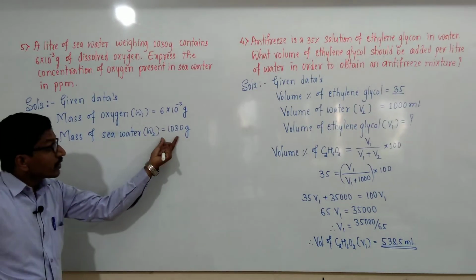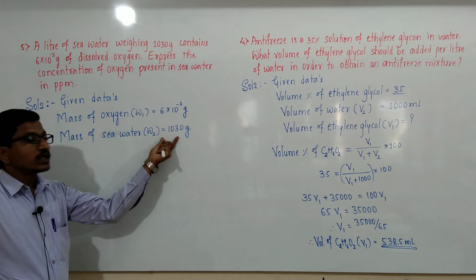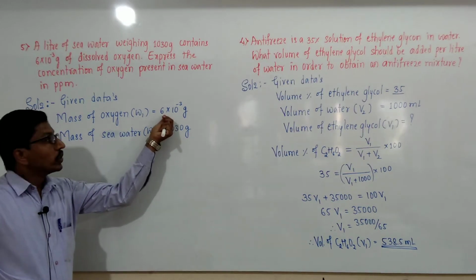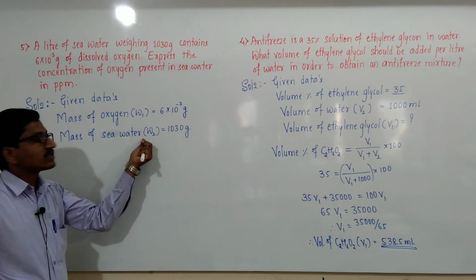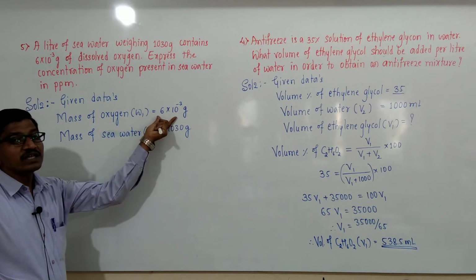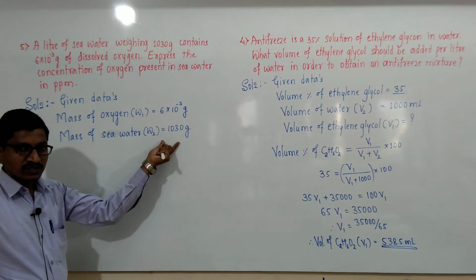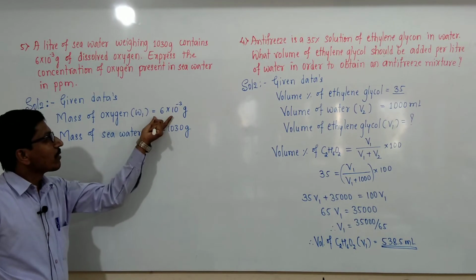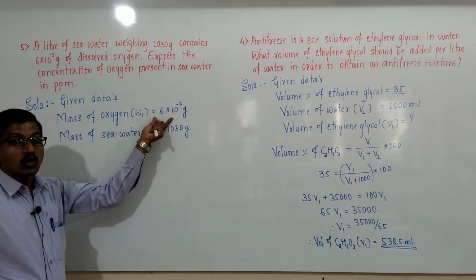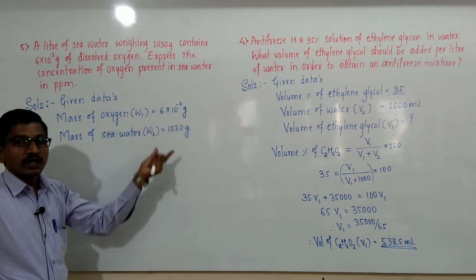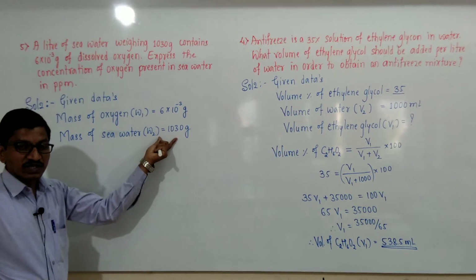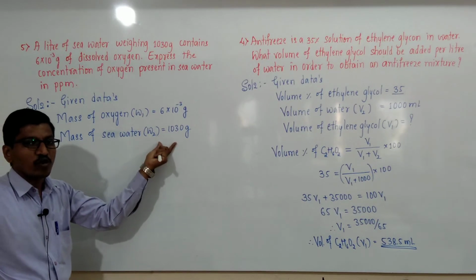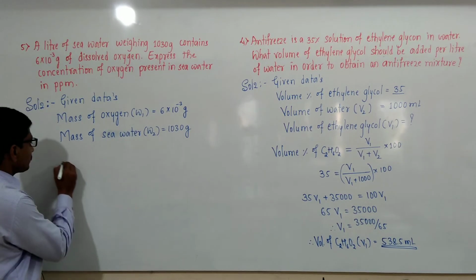The total mass of the solution is the sum of solute, that is oxygen, and sea water, but the oxygen is negligibly small as compared with this, and we neglect the mass of oxygen dissolved in this much amount of sea water. Only W2 we consider in the denominator.